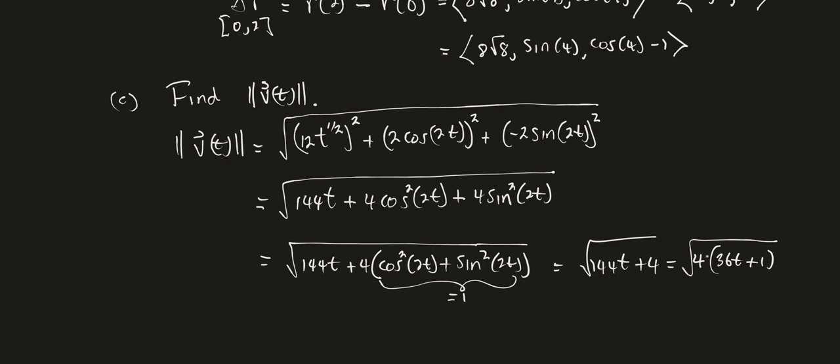Since I have the square root of a product, I can take the square root of 4 times the square root of 36t plus 1. So here's a simplified version of my speed formula. It's 2 times the root of 36t plus 1. Okay, so that's our speed.